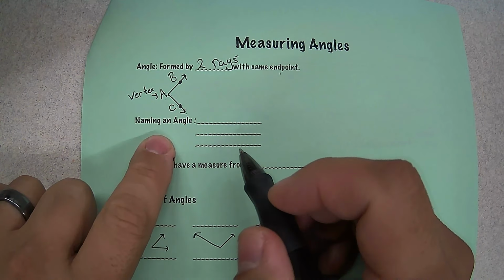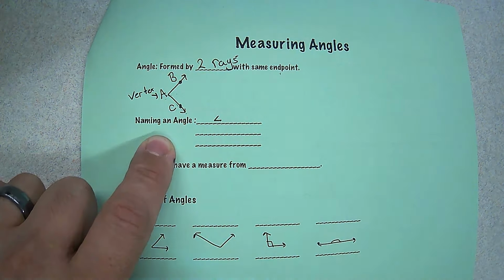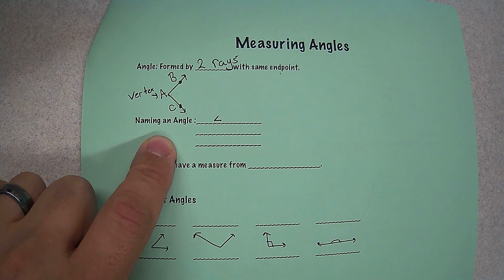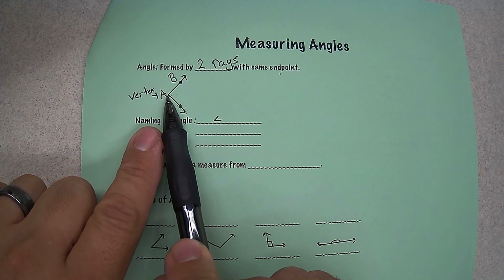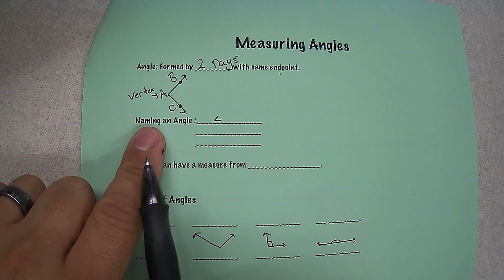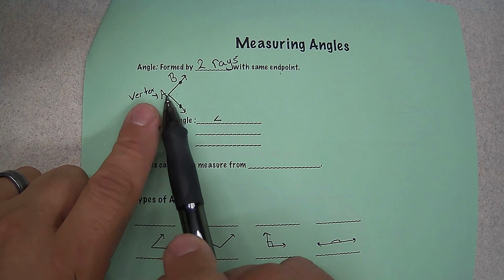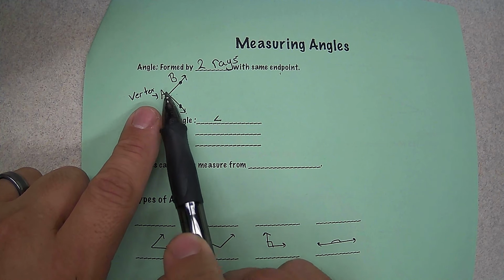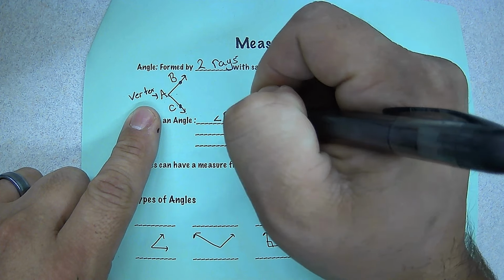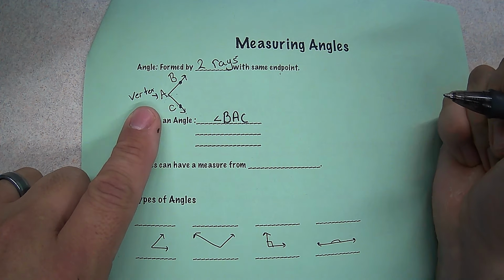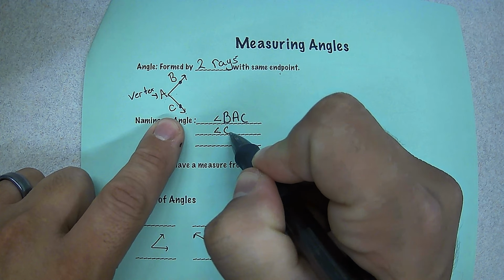As we name it, we first use this little symbol. It looks kind of like a little mini angle right there. And the vertex always is going to be in the middle of how we name it. So there's actually two names that we can name it by putting the vertex in the middle. We can call it angle BAC, or we can call it angle CAB.